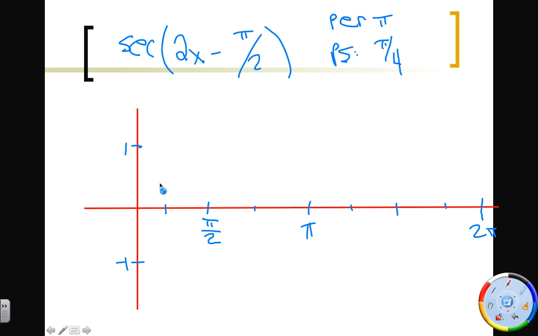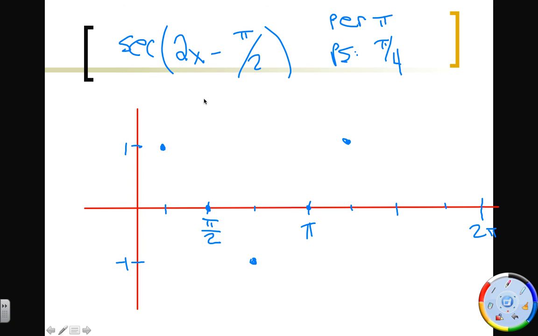Cosine is going to start up at pi fourths. And then 1 pi away, well, that's over here. Halfway is going to be my minimum. And my other halves are going to be my x-axis crossers, my x-intercepts. Well, I'm not going to draw the cosine function because that's not what I want.